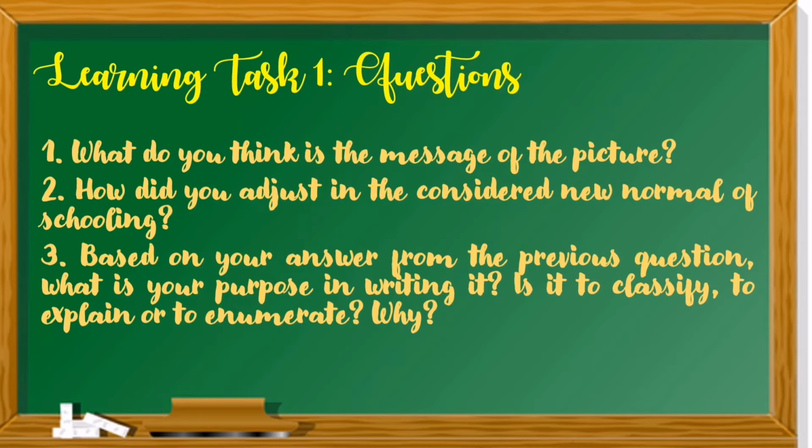Number 1, what do you think is the message of the picture? Number 2, how did you adjust in the considered new normal way of schooling? Number 3, based on your answer from the previous question, what is your purpose in writing it? Is it to classify, to explain, or to enumerate? And why?